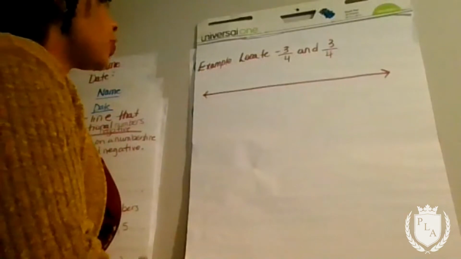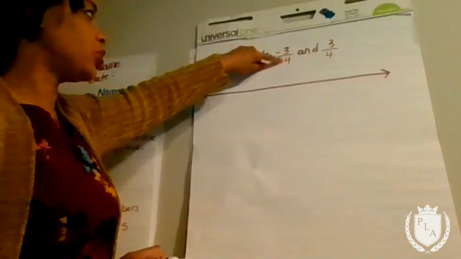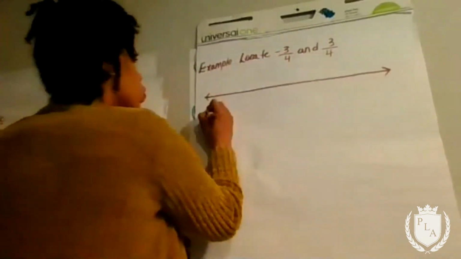So in order to do so, it is very important that we look at our fraction or our rational number. A rational number is a fraction. So there's a rule.